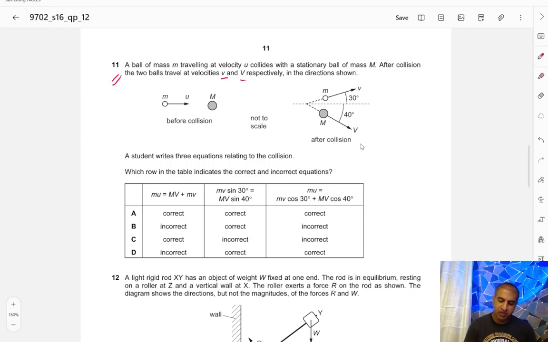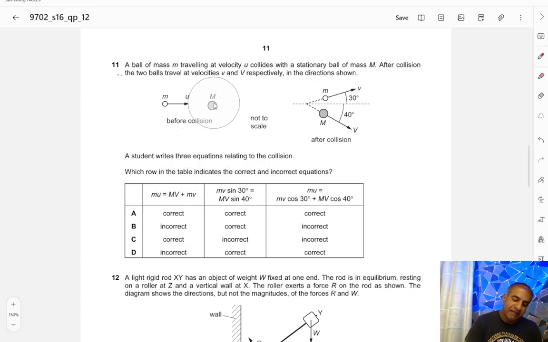Let's see, the first equation is this. This equation is wrong. The reason is very simple because हमारे पास जो है, this is not in a straight line. अगर ये वाला, if this mass was supposed to collide with this mass and this mass also tends to move in this direction and this mass also moves in the opposite direction or maybe in the same line over here, which is the horizontal line with respect to this diagram, so here that would have been correct, but obviously this is wrong.